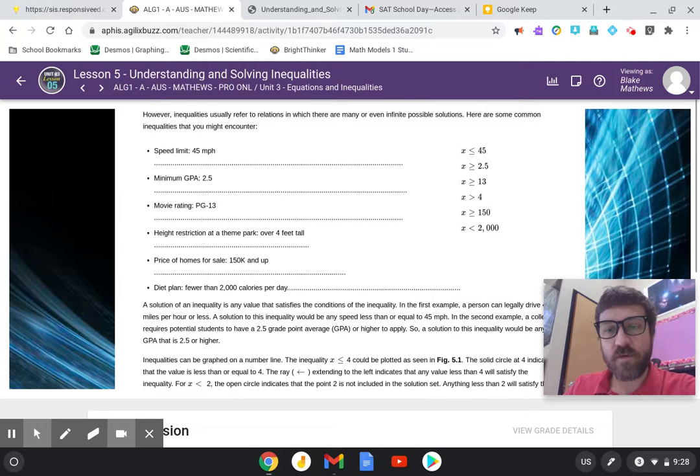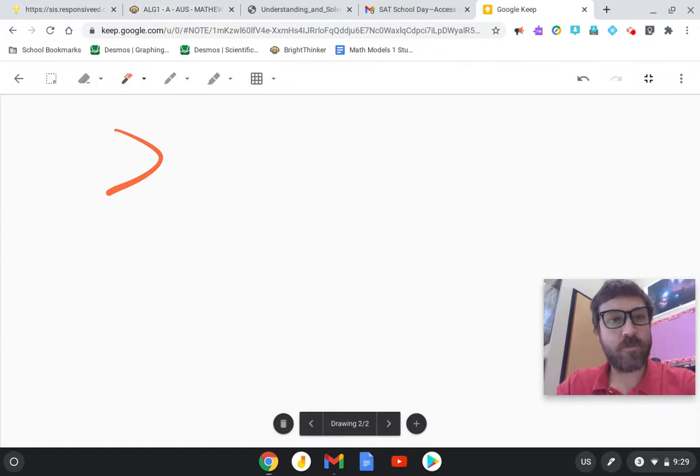So what we're starting off with is just learning how to think about inequalities. And when we read something in a word problem or whatever, understanding what inequality symbol goes with a certain concept. So we have four main inequality symbols.